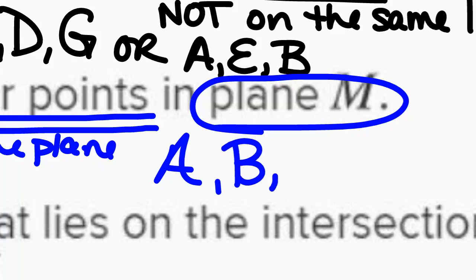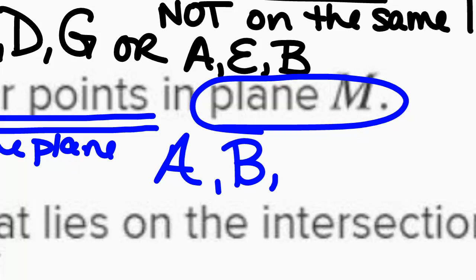And then the other 3 points, I'm going to use my figure here. So if I'm looking at it like this, if I call this plane right here plane M, point A would be like up here, point B would be down here. And then we have 3 points that are right on the intersection of these 2 planes.